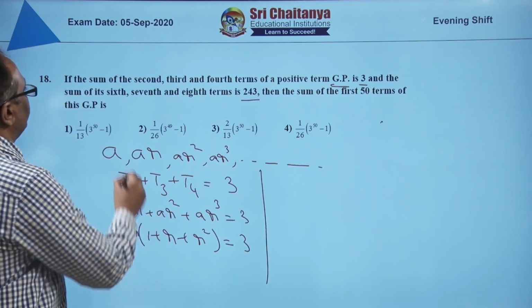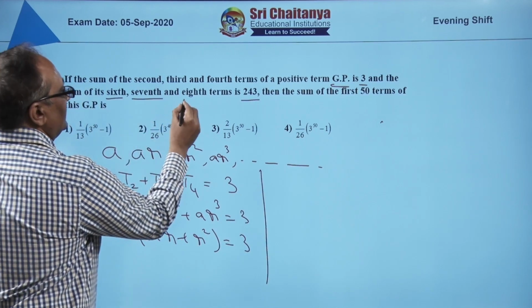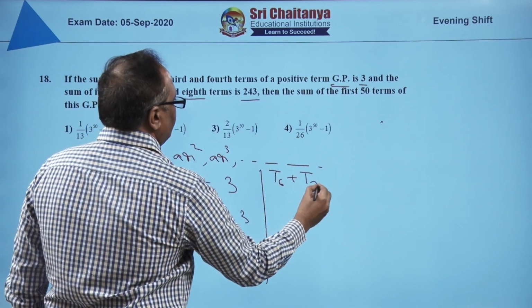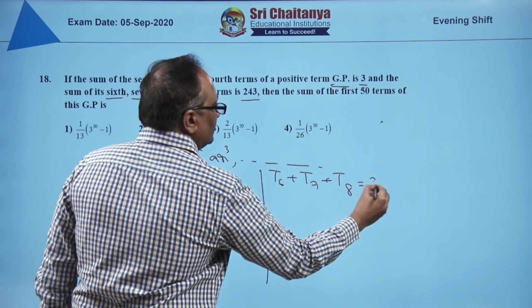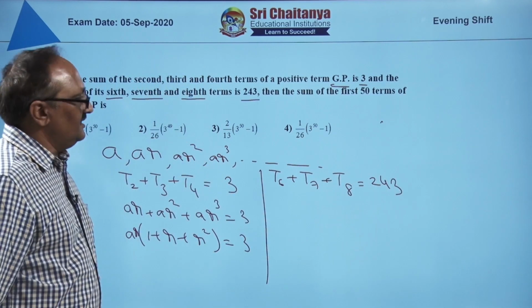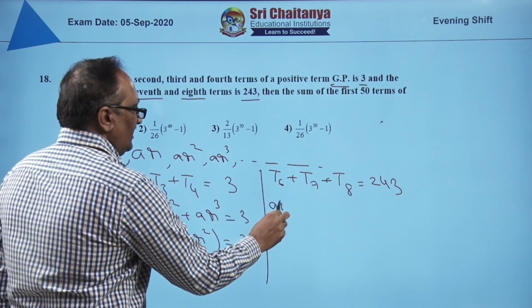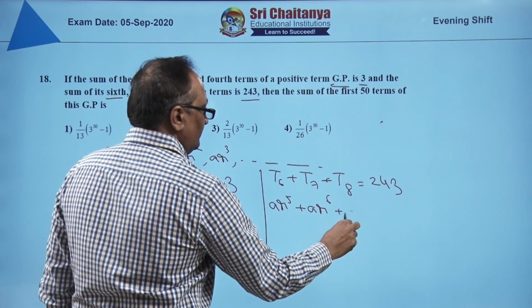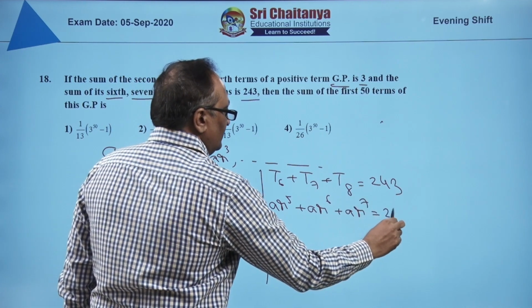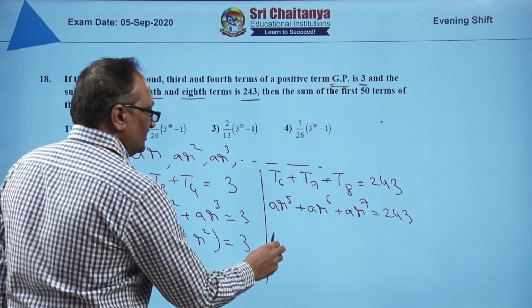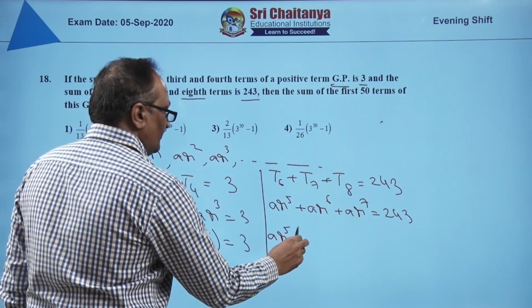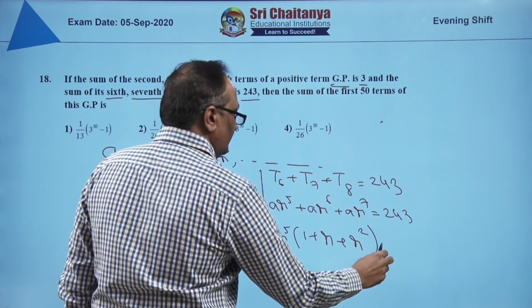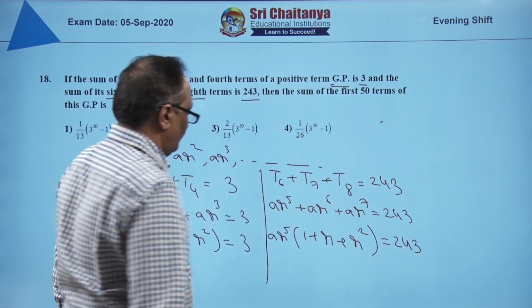The second condition given is the sum of 6th, 7th and 8th terms, T6 plus T7 plus T8, is nothing but 243. T6 is ar to the power 5, then ar power 6, ar power 7, is 243. Taking ar power 5 common, ar power 5 into 1 plus r square is nothing but 243.